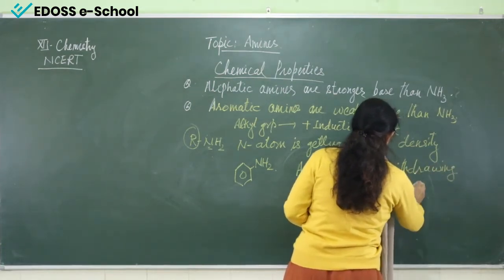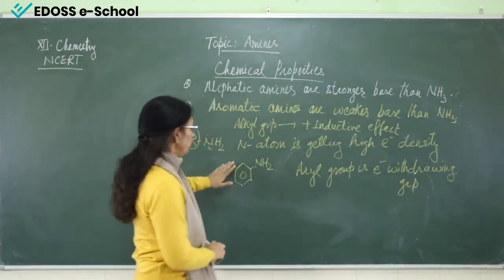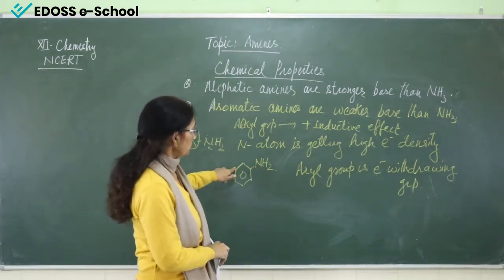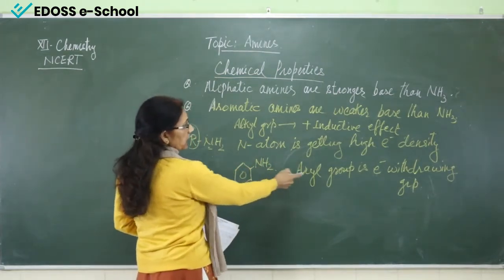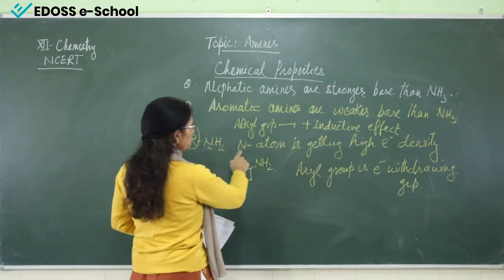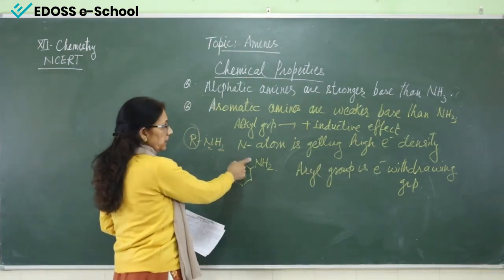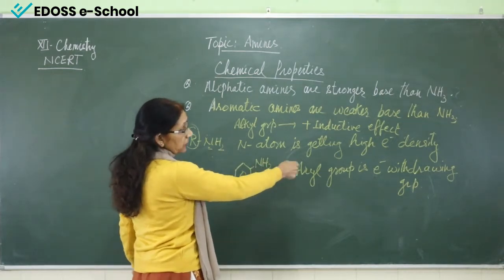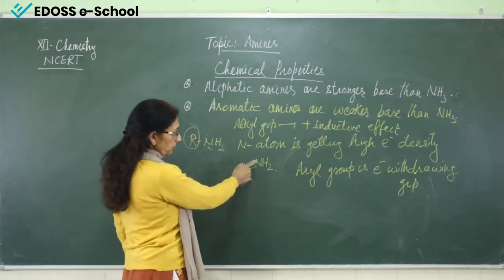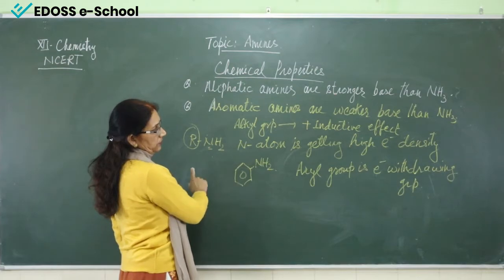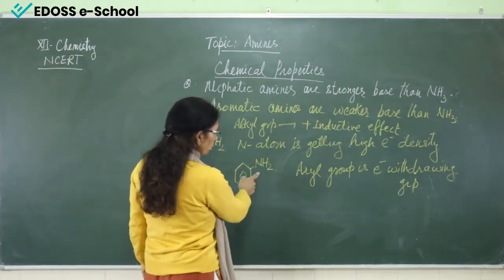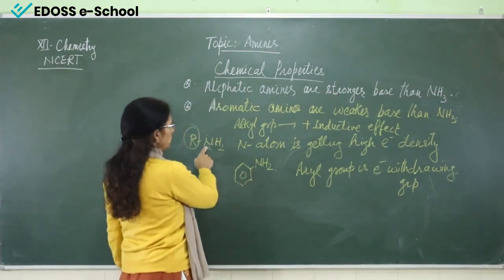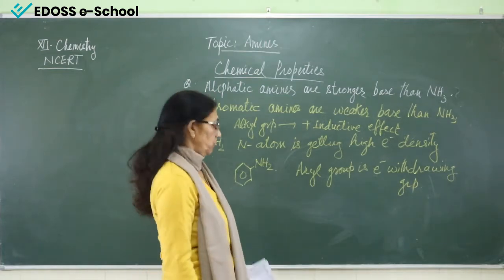So, this aryl group is electron withdrawing. Here nitrogen is getting more density, and here nitrogen is getting less density, because this group is withdrawing electron from here. So, this is weak base than ammonia, and this is strong base than ammonia.